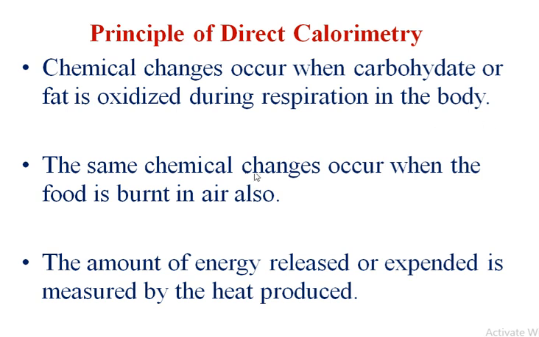The same chemical changes occur when the food is burnt in air also. The amount of energy released or expended is measured by the heat produced. So the total energy released will be measured by the heat produced by that food substance.